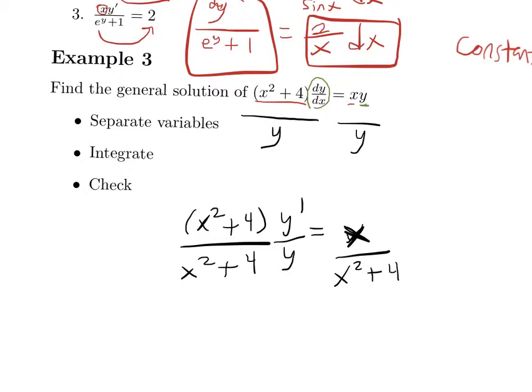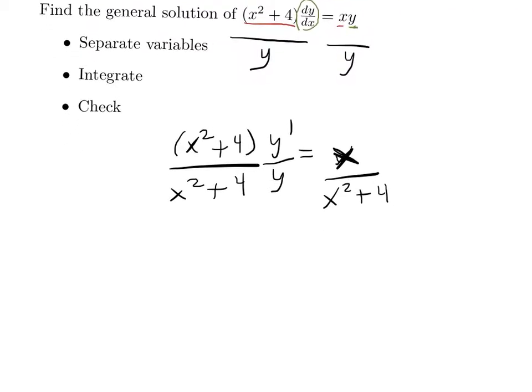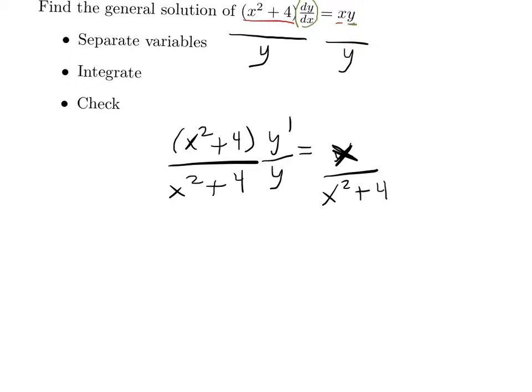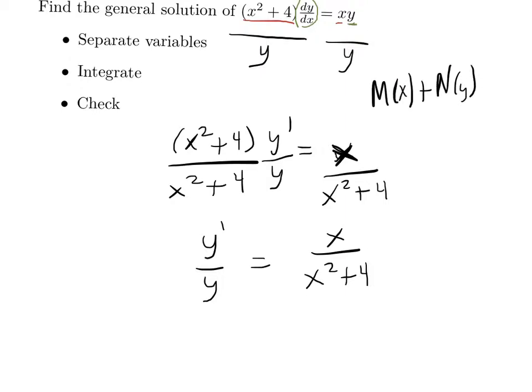All right, so now I have y prime over y equals x over x squared plus 4. Now notice, in the original way we saw this written, we saw m of x plus n of y dy dx equals 0, such that these were on the same side.